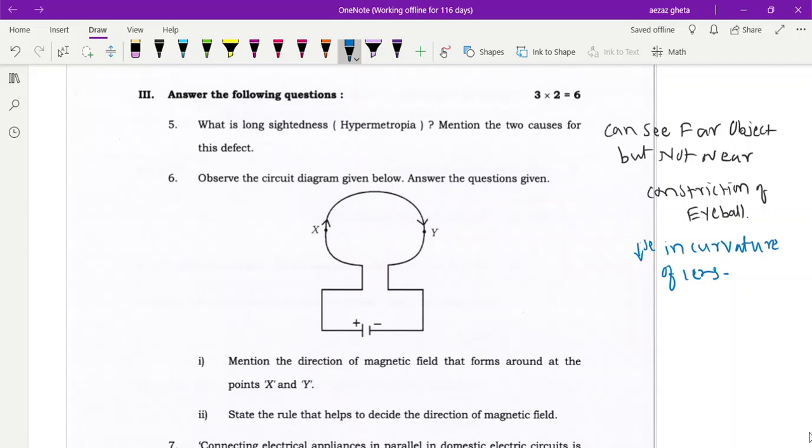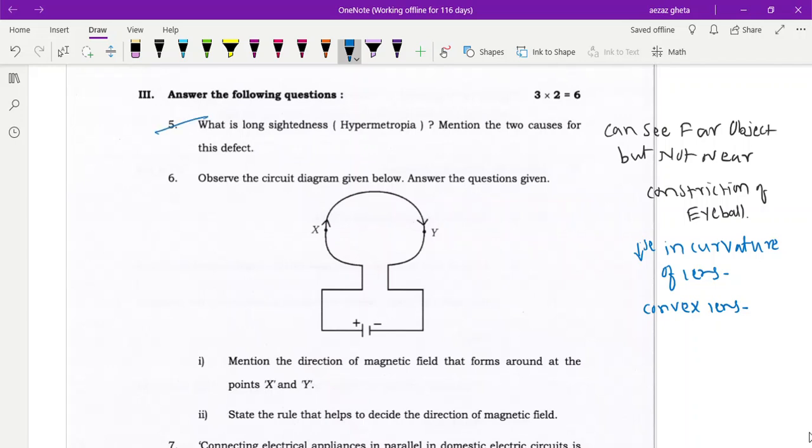These are the two causes. How can you correct it? They did not ask, but you should know. You can correct it by using a convex lens of suitable power. Which lens should you use? Convex lens. Okay, boys and girls.